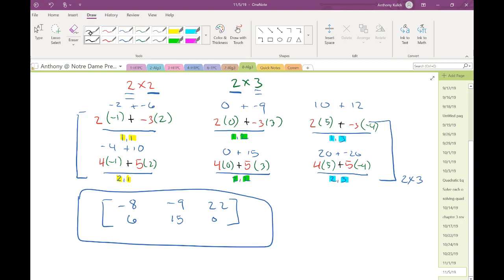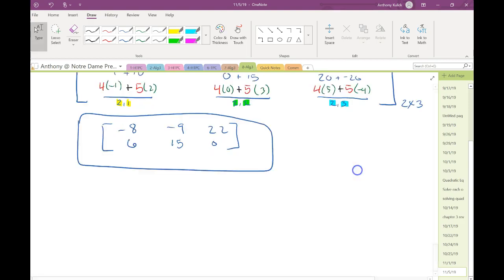It's just about getting things in the right place that's a little bit tricky. But once you've got a feel for it, it's not so bad, especially considering if you know what your answer looks like, the locations of your answer tell you what two things you're multiplying together, what row and what column to use. So hopefully it makes life a little bit easier in putting those things together.